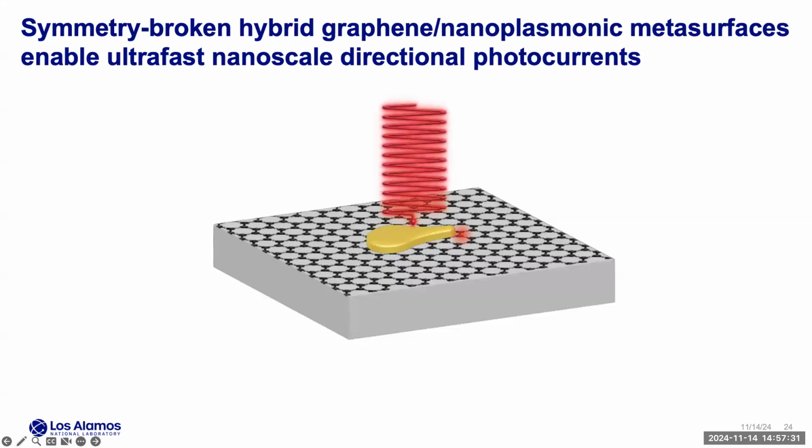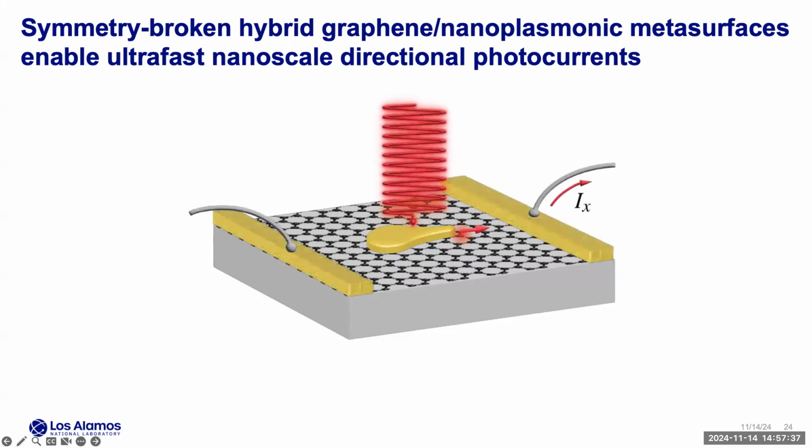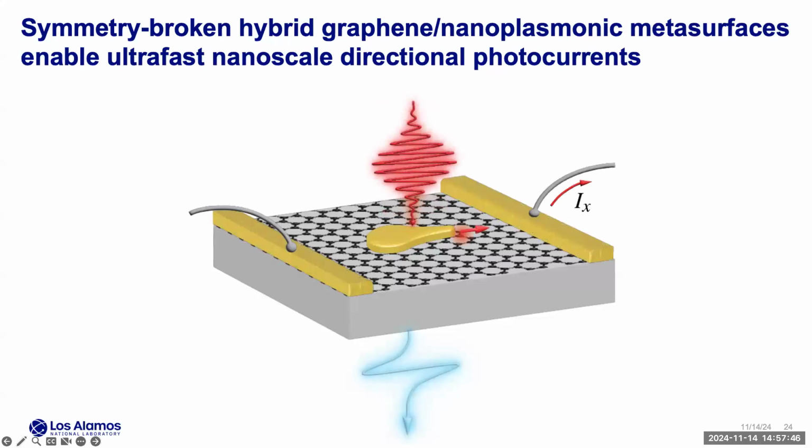You can excite it with CW light, and then you get a directional current. And if you excite it with a short pulse, because of the dJ/dt, you get directional terahertz emission.